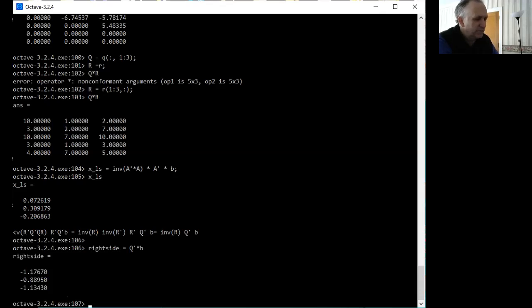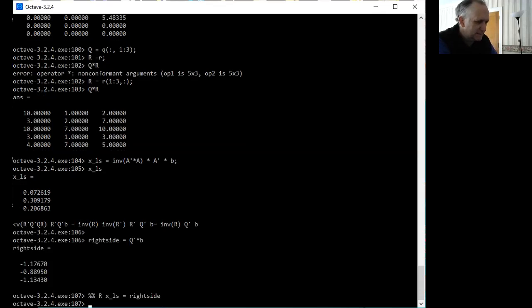But I could also think of this, if I multiply both sides by R, as R XLS must be equal to right side. So I could just solve this. So let's see what we get. I'm just going to say right side and divide by R, and we should get the same.